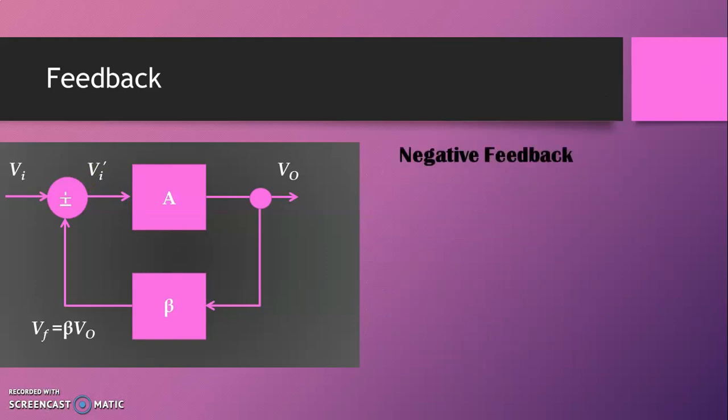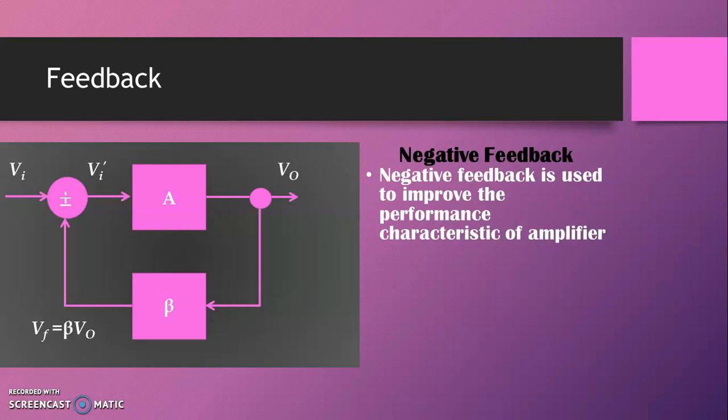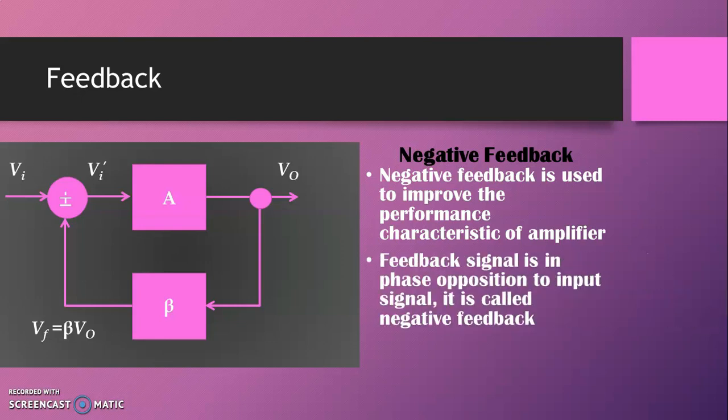Now let us understand negative feedback. Negative feedback is used to improve the performance characteristic of amplifier. So we use negative feedback in the circuit of amplifier. Feedback signal is in phase opposition to input signal.